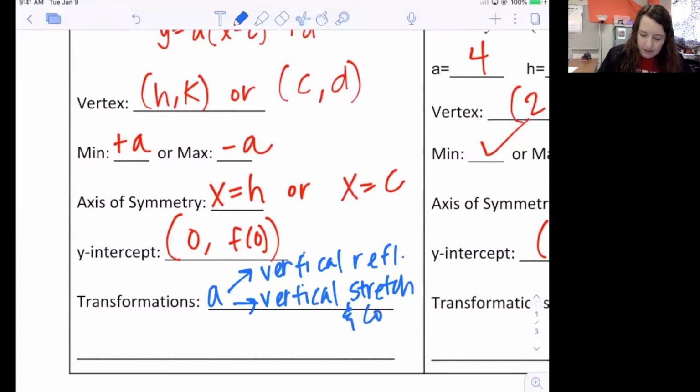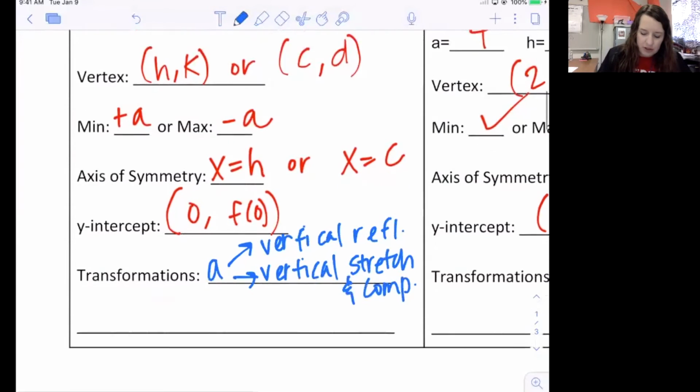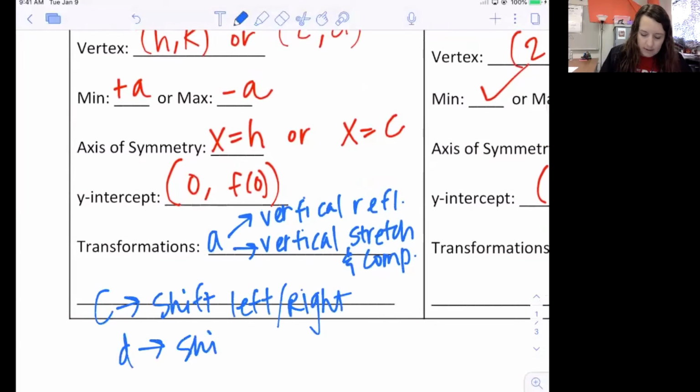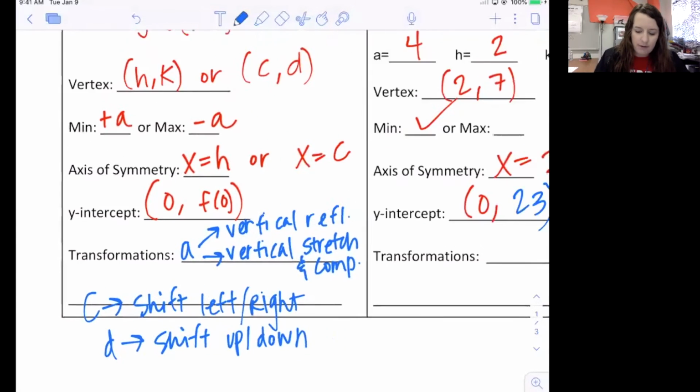So like I said, if you need to refer back to your previous notes to see when it stretches, when it compresses, absolutely do that. Okay, your c value is going to shift left and or right. And then your d value is going to be shift up or down. So they occur exactly the same instances as they would in absolute value.